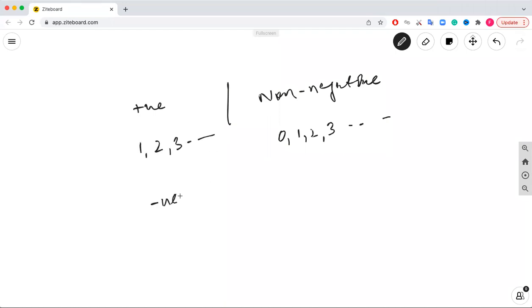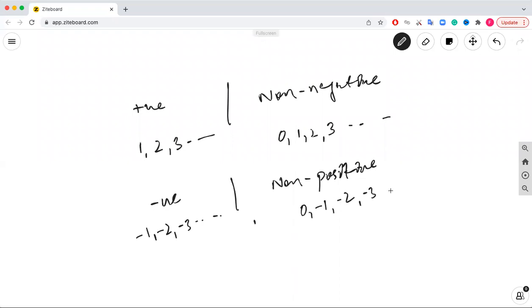And now moving to the negative and non-positive. Negative will be -1, -2, -3 and so on. And non-positive will be 0, -1, -2, -3, right? Just remember 0 is non-negative, non-positive, even integer.